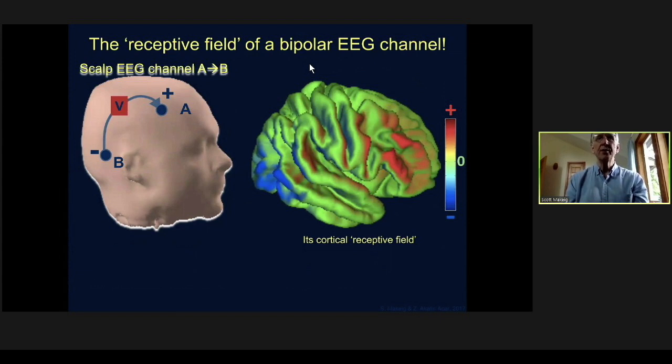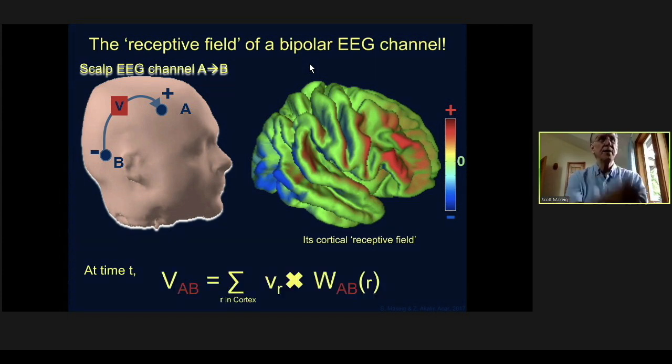So here is again the receptive field of that channel. And to quantify it, at a given instant t, the voltage in that channel, voltage on AB, is the sum over all the voxels in cortex of the voxel activities in cortex times this map of projection strengths.